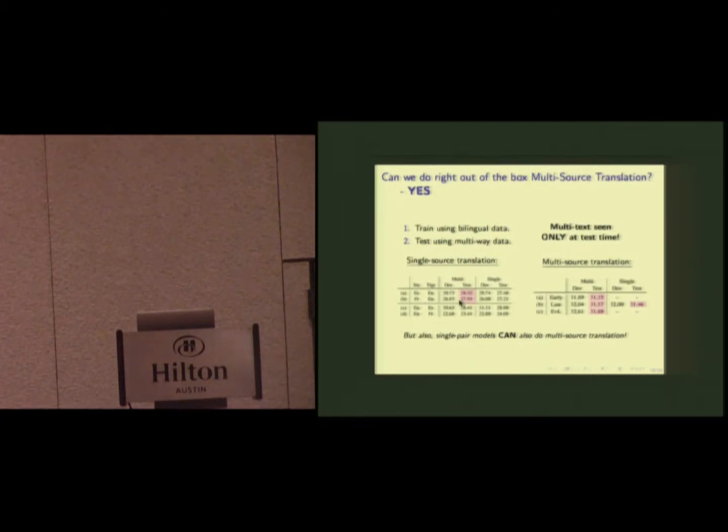And when we use multi-source during test time, we were able to get almost 4 BLEU points improvement with early plus late averaging. I want to emphasize that the model has never seen any multi-source during training. This technique just applies to test time.